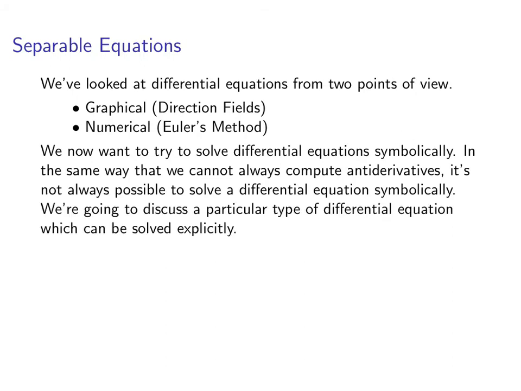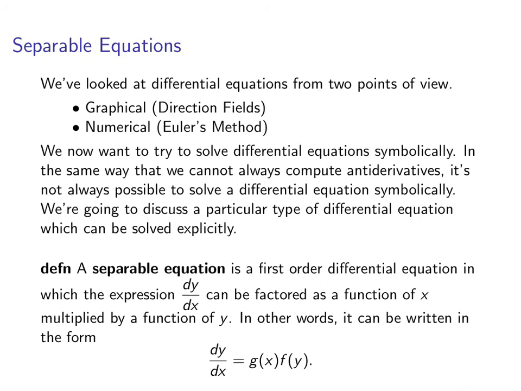Now we're going to go over a particular type of differential equation that can be solved explicitly. So we'll make a definition to say that a separable equation is a first-order equation. Remember, this is one in which the highest order derivative is a first derivative. The expression dy by dx can be factored as a function of x multiplied by a function of y.